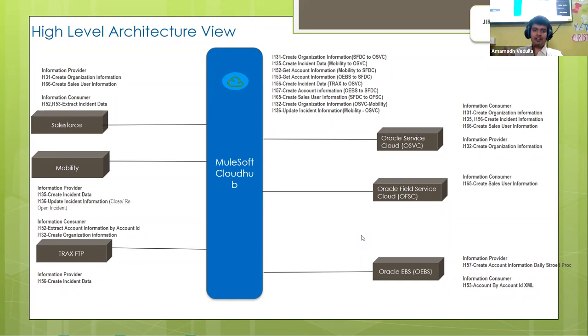We are pointing out that this particular field needs to be mapped to that particular field. We are creating data services from one system to the other system, so we need to say that this system's data needs to be passed to this particular field. That thing we are mapping using DataWeave.